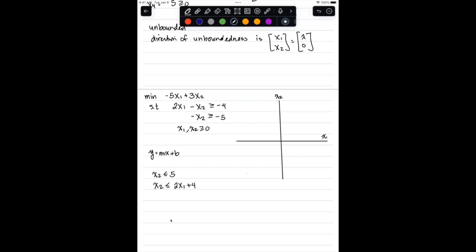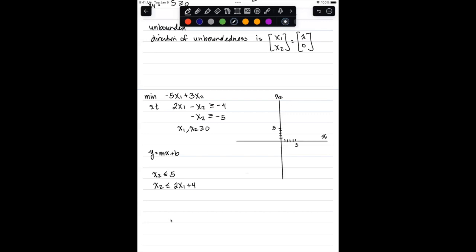So now let's visualize this direction of unboundedness by showing a geometric interpretation for this problem. So we don't need to worry about the objective function, but let's take a look at these constraints. And what we'll do is we're going to convert these constraints into the form y equals mx plus b, shown here. That way it becomes easier to graph them. So let's add some ticks here.